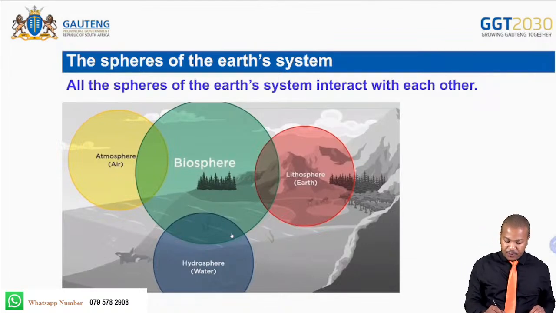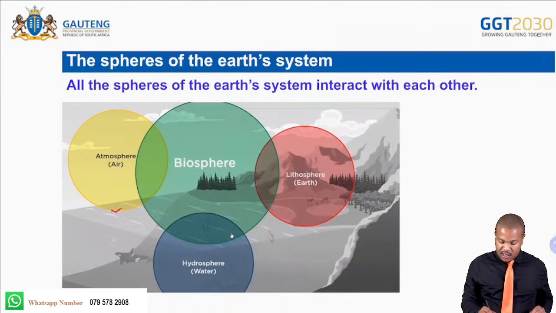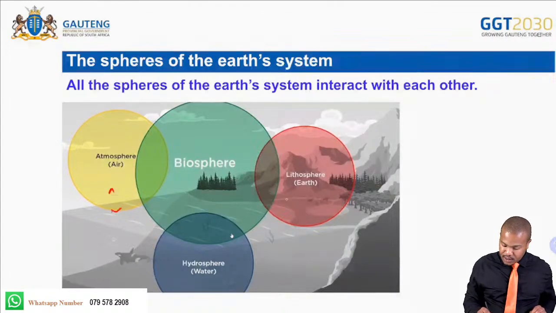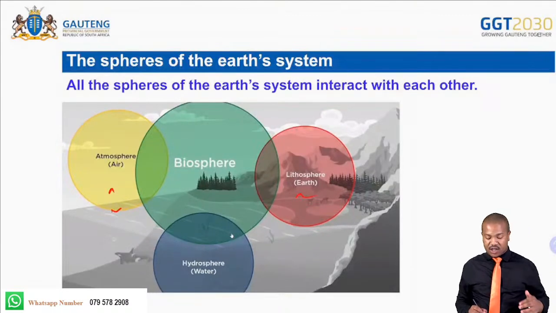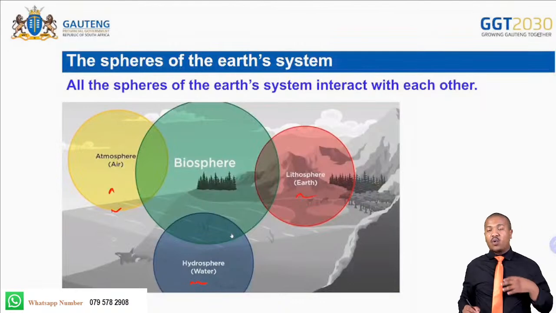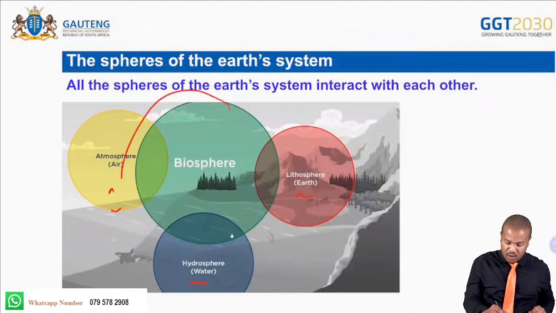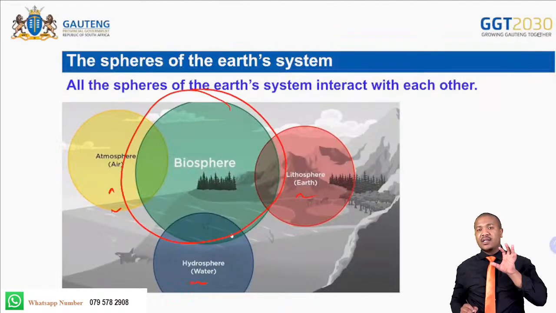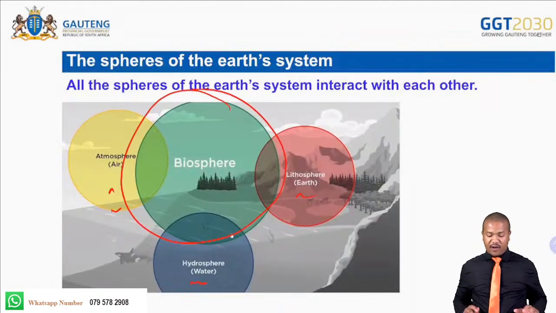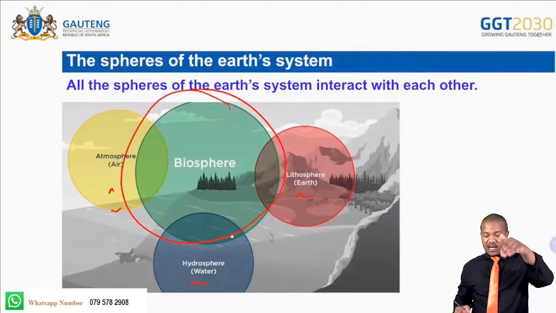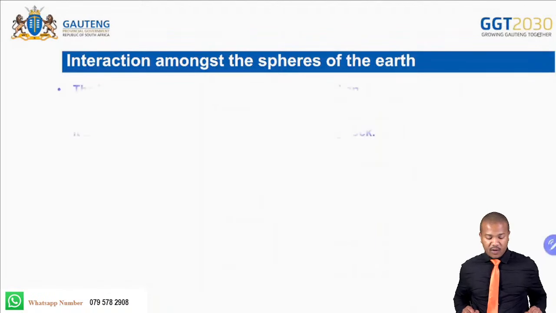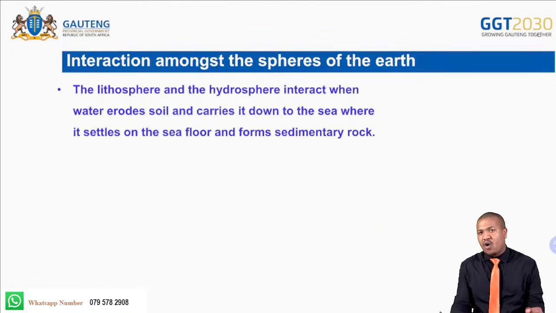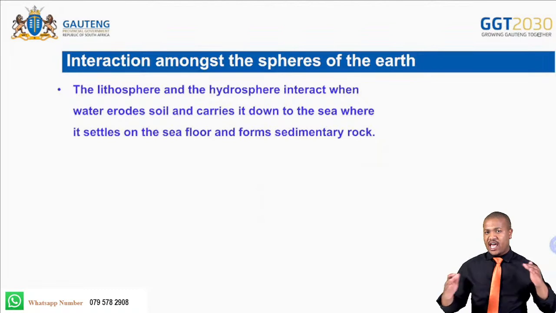As you can see now, the atmosphere is our air, the layer of gases around the Earth, the lithosphere being our rocks and soil, the hydrosphere, all waters, whether it's liquid, solid, or gas, and also the main umbrella, the biosphere, where you have all the other three spheres interacting and also including what? Living organisms. Right. So let's look at some examples now of how these spheres interact with one another.